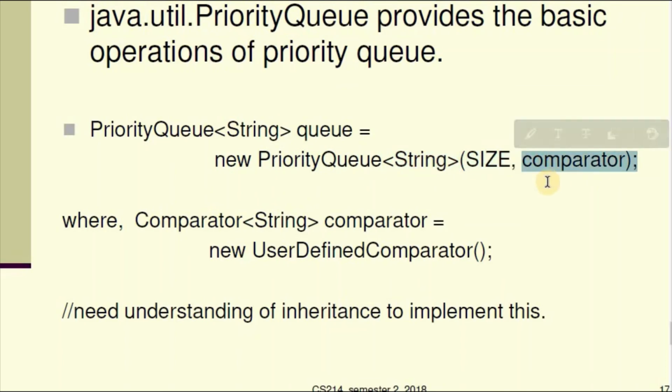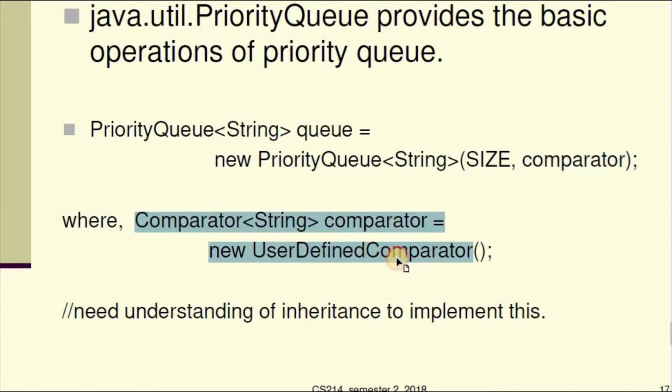Okay, so this comparator is a bit tricky. This is the new thing that you have to learn. The comparator needs to be a user-defined comparator, and you need some understanding of inheritance in order to implement this. Let me show you sample code. I will also provide a link to that code in our Moodle week 1 section, so you can try to implement it. It will take a while to understand.